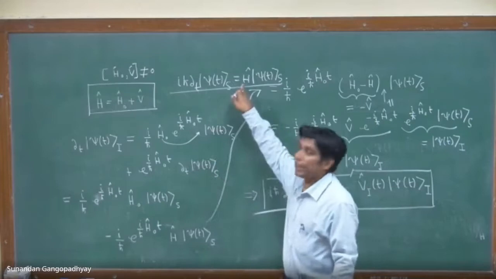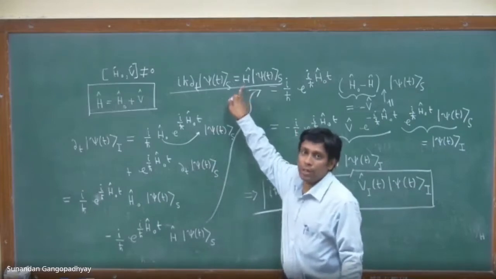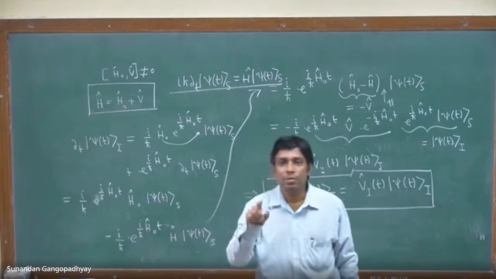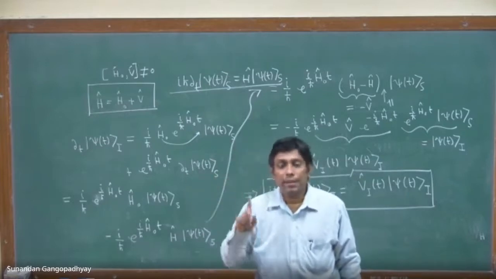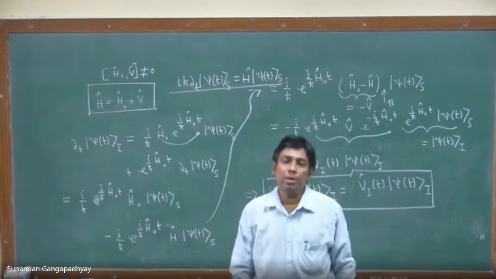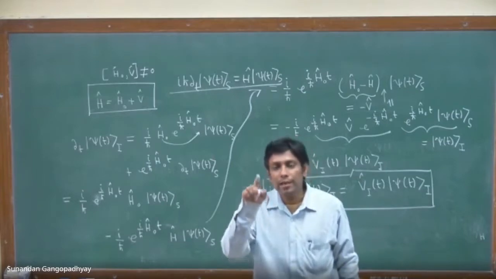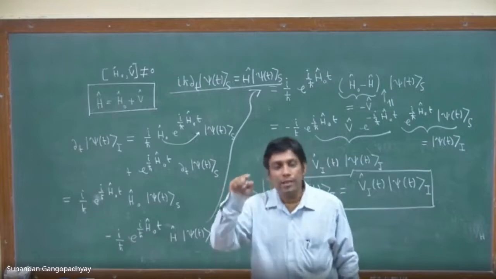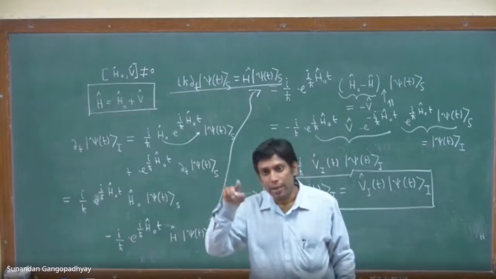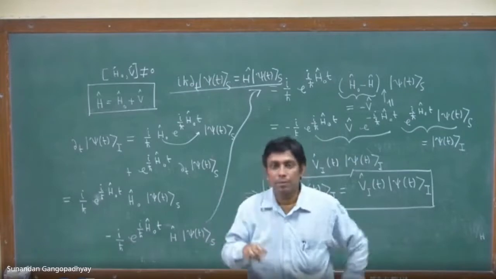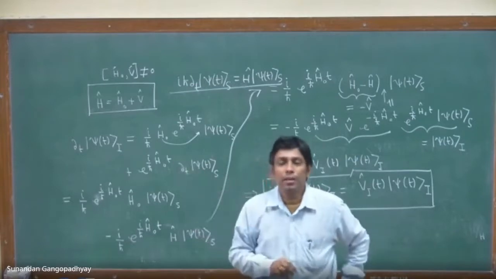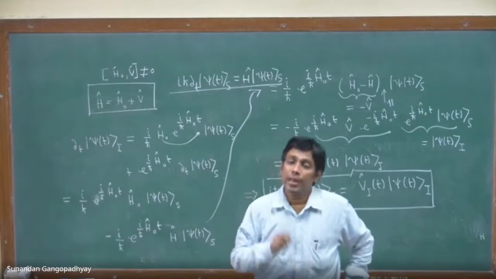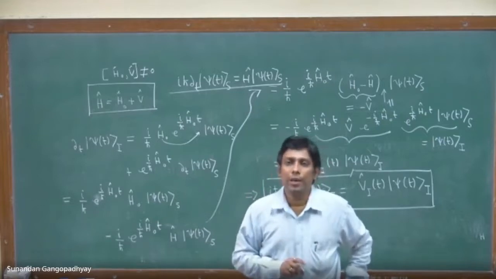Only when you put H hat equal to minus h bar square by 2m grad square plus potential, that is the non-relativistic form of the Hamiltonian. Putting H hat equal to p square by 2m plus V hat, which is minus h bar square by 2m Laplacian plus the potential, that operator is non-relativistic.